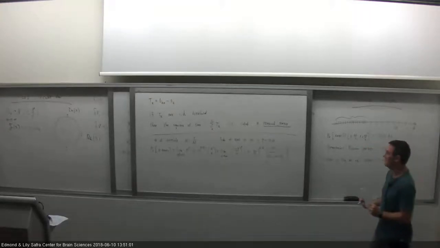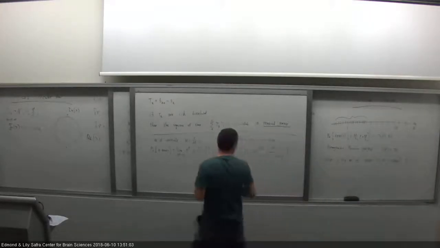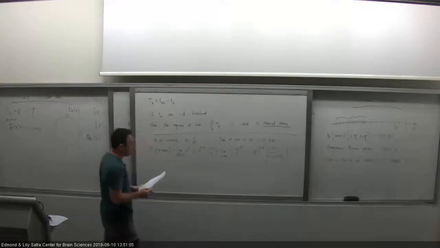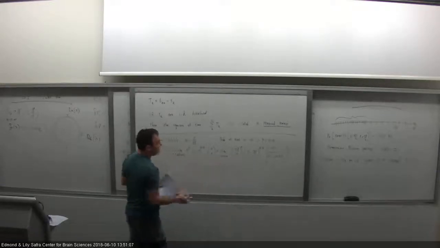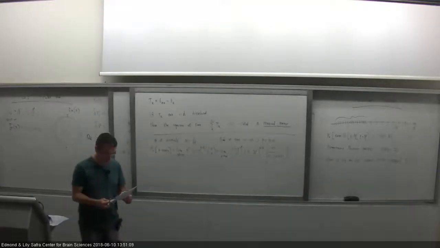Right? This is lambda delta t, and this is 1 minus lambda delta t. And we're interested in the limit of n going to infinity.